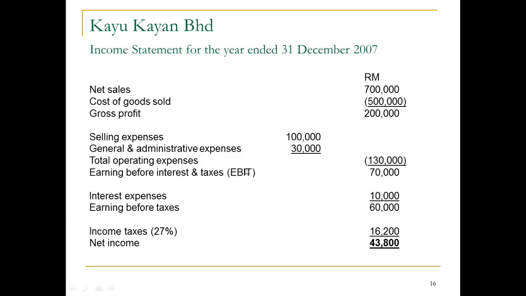After you get your EBIT, you have to deduct the interest first, then you deduct the tax. The interest expense is 10,000. So 70,000 deducted with 10,000, you get 60,000, which we call earnings before taxes, which has not yet had the tax deducted. The income tax, for example, here we use 27%.